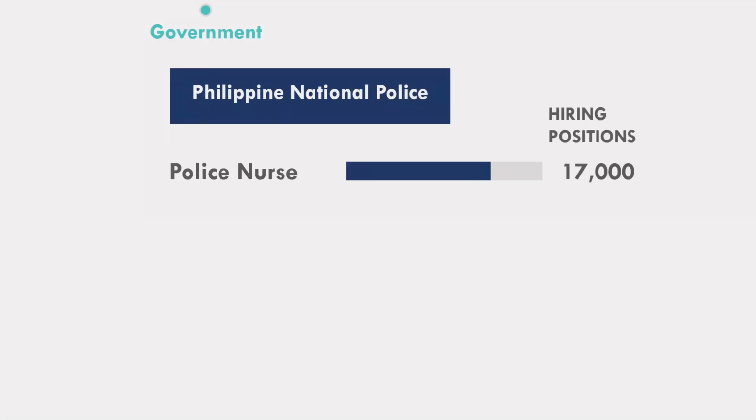And also the PNP, the Philippine National Police, needs 17,000 nurses according to Inquirer. So why not try applying to other government agencies as police nurses, for example, in the PNP.